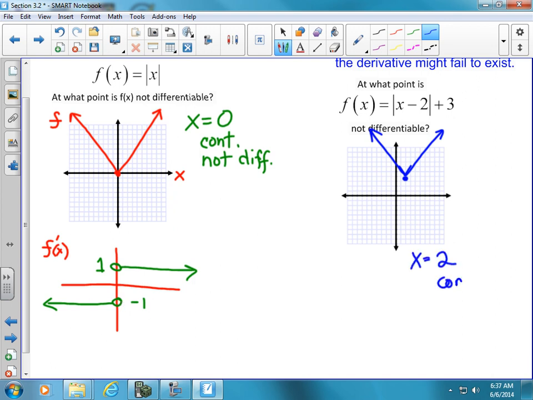This function is continuous, but not differentiable because the left-hand derivative does not equal the right-hand derivative. The slope of the left side of x equals 2 does not equal the slope of the right side of x equals 2.